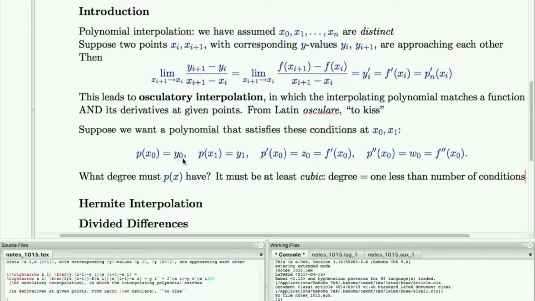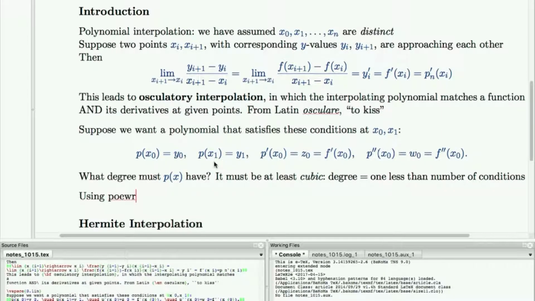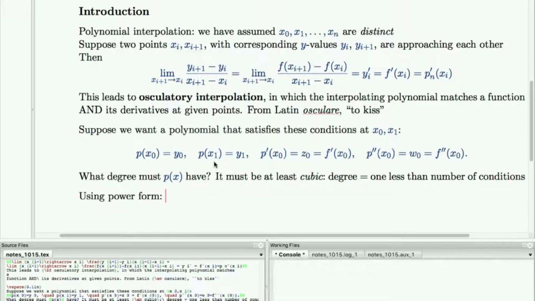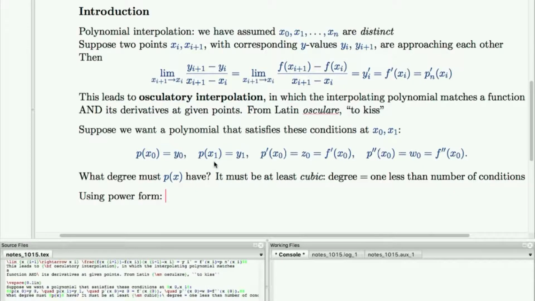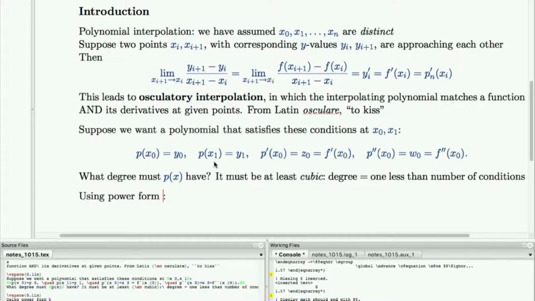Okay. So now if I wanted to come up with this polynomial in the most straightforward way, using power form, we'll call it P3 of x. Wait, something's wrong here.